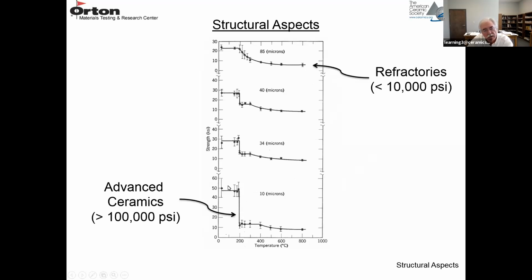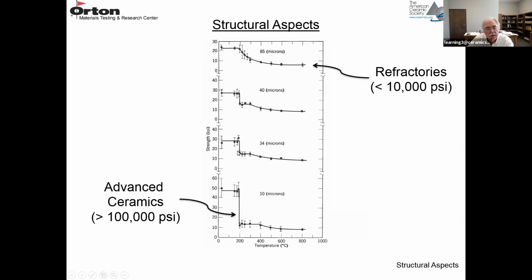So if we start out at the bottom here, your advanced ceramic, if you thermally quench it, and this temperature is 200 degrees, you get a rapid decrease in strength. And then we follow the pattern which we just illustrated on a previous slide. We have to increase the temperature to another delta T and you have a gradual failure. So you have a large drop in strength here.